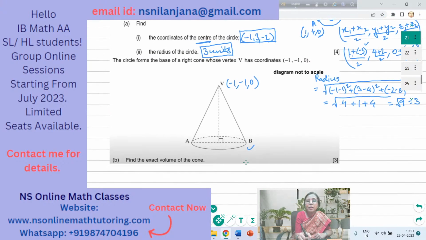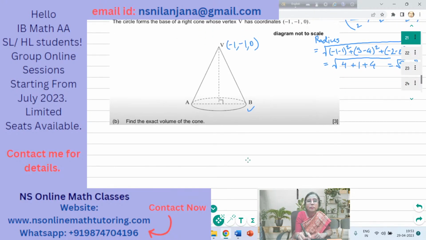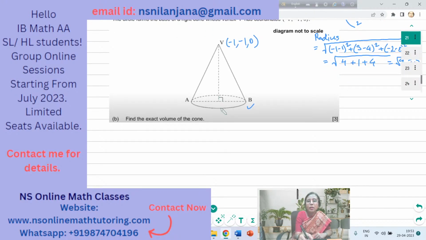What was the center? You can see (-1, 3, -2) is the center of the circle. And the radius was 3 units. These are the pieces of information that we have so far.